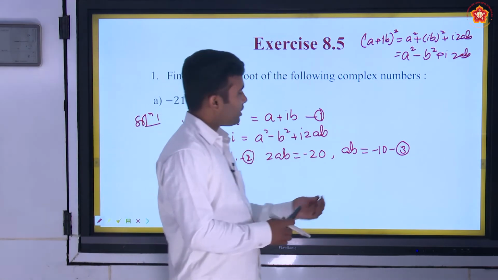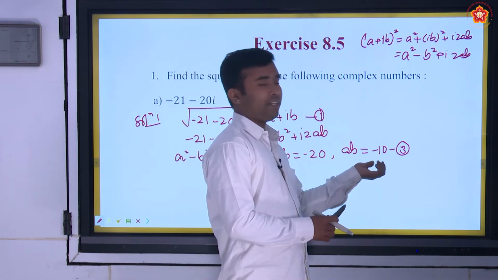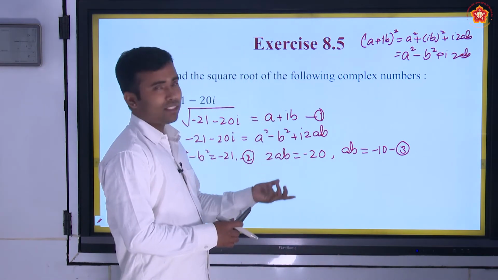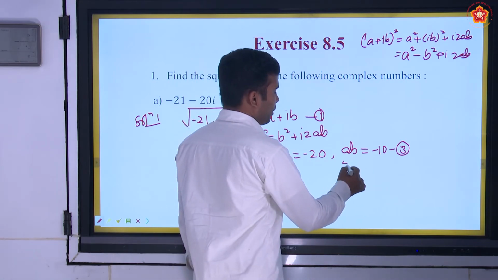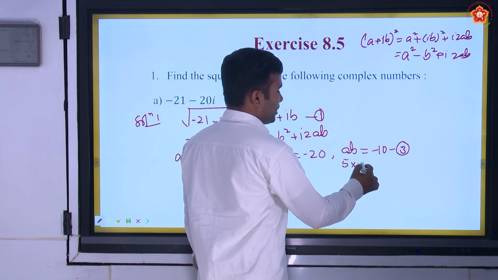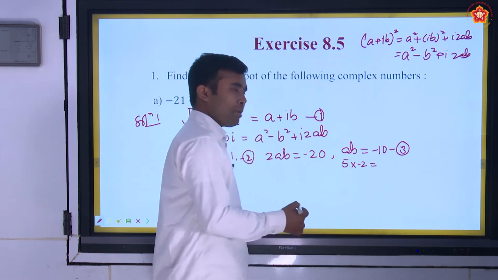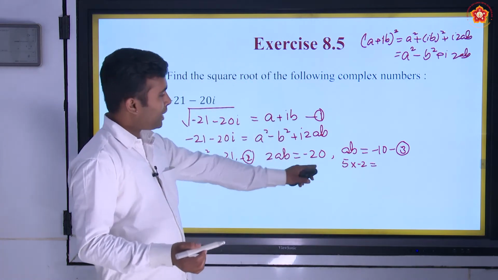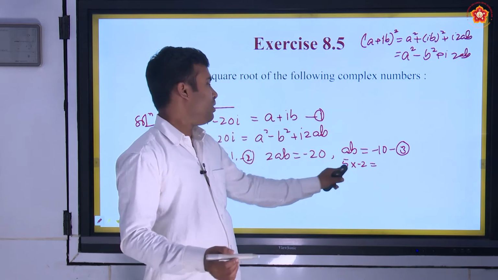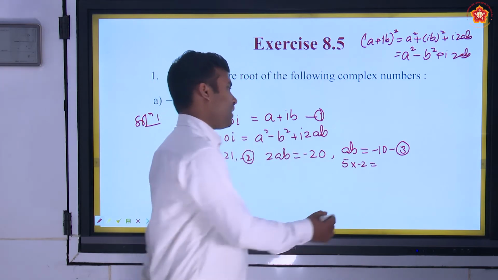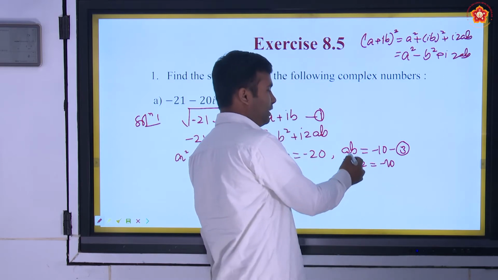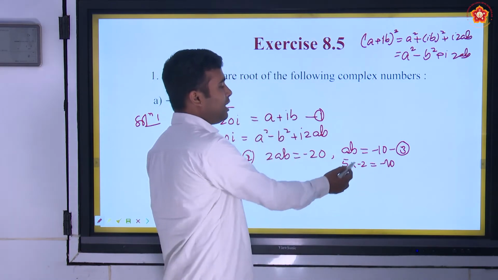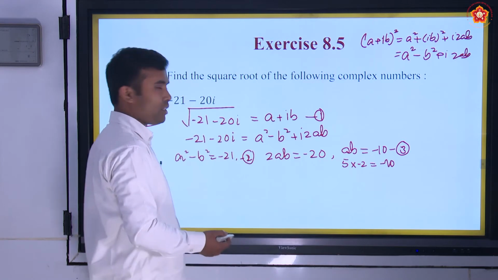In equation 3, the product of a into b is minus 10. So we can have factors, say 5 into minus 2, which is minus 10. Here the value of a is 5 and the value of b is minus 2.